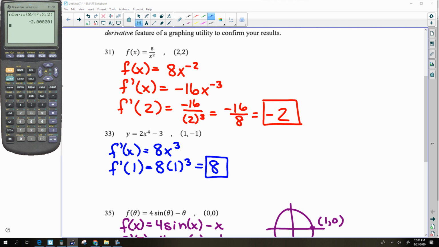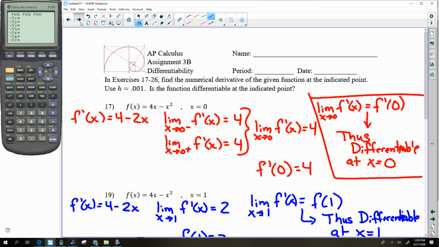It's negative 2. Or number 33, math 8, the derivative of 2x to the 4th minus 3 with respect to x when the x value is 1. And it's 8.